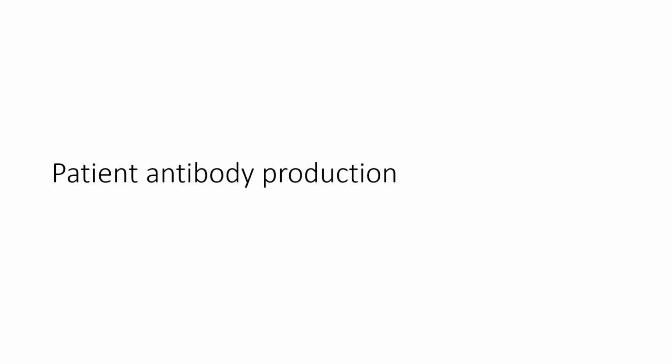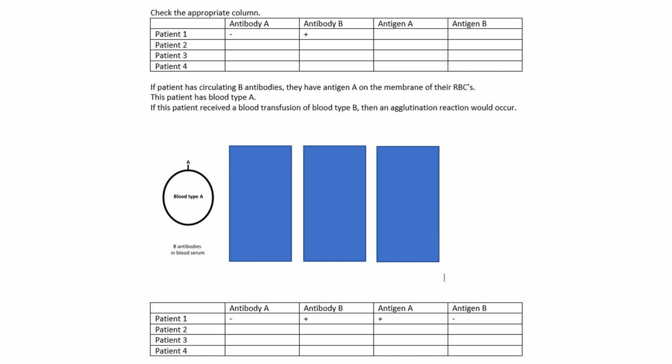Finally, we'll look at one of the tables in your lab, which was the patient antibody production. What type of antibodies the patient will produce. This is pretty simple because the answer was in a previous image.